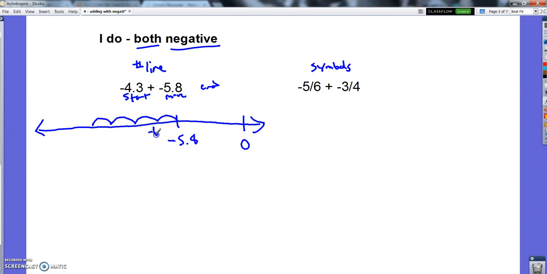That'd be -6 8/10, -7 8/10, -8 8/10, -9 8/10, and then do the 3/10. So I'm going to move another 3/10. So I'll do 1, that'd be -9 9/10. Another one, that'd be -10, and another one would be -10 1/10. So I would end at -10 1/10.